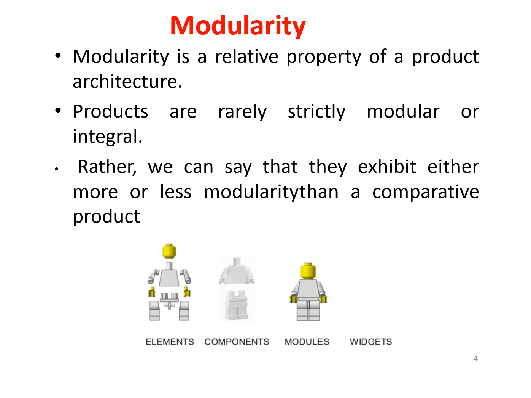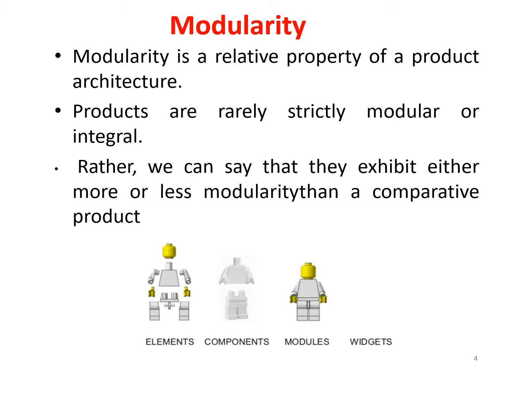Modularity. Before going into the depth of architecture, we need to see some terminologies like modularity. Modularity is a relative property of a product architecture. Products are rarely strictly modular or integral. Rather, we can say that they exhibit more or less modularization than comparable products.